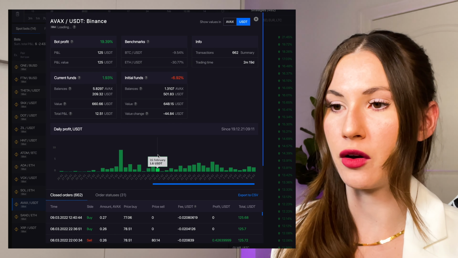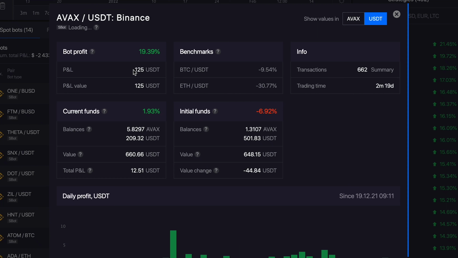And you can see this one has added up to a profit of $125. This is bot profit. And then if we look here, they have another metric for your initial funds. This is just telling you that if you were to close the bot today and the capital that you have invested in AVAX or USDT is released, you will actually lose money because the value of USDT has gone down since you first invested.